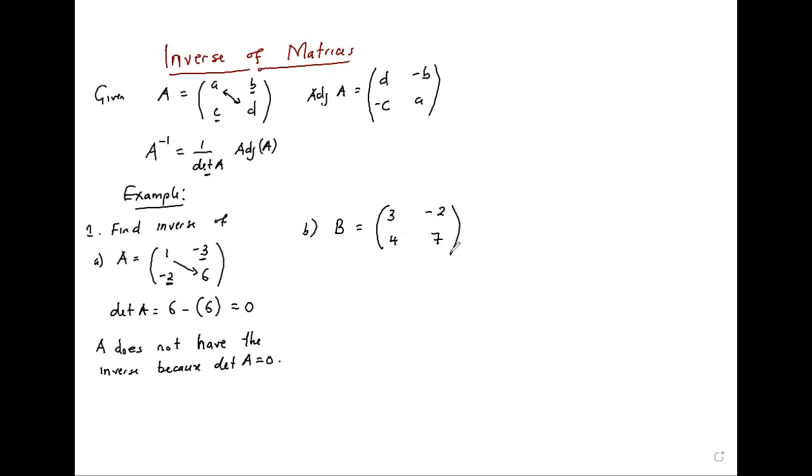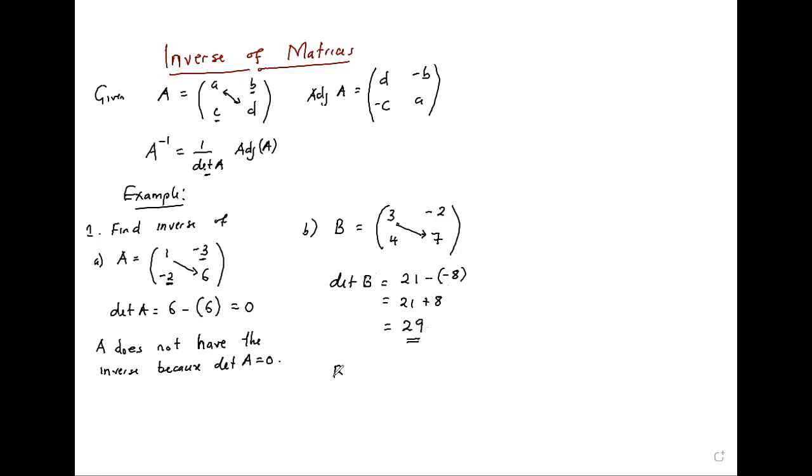So you say the inverse of B comes after you have found the determinant. So first we find the determinant. The determinant of B is equal to 3 times 7, 21, minus negative 8, which is 21 plus 8, which is equal to 29.